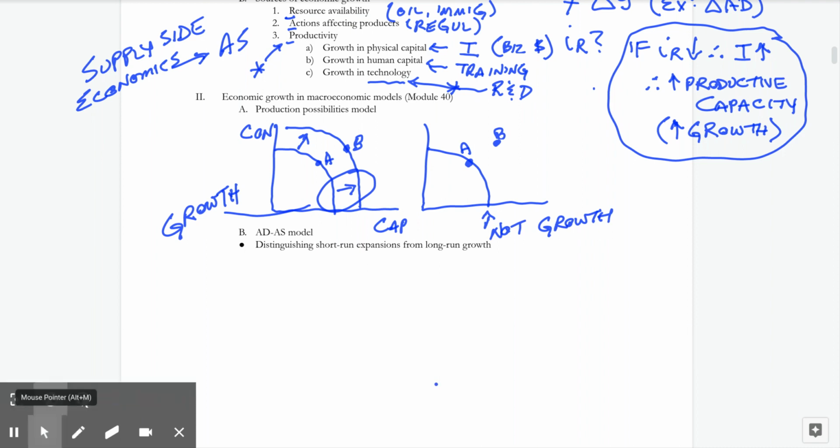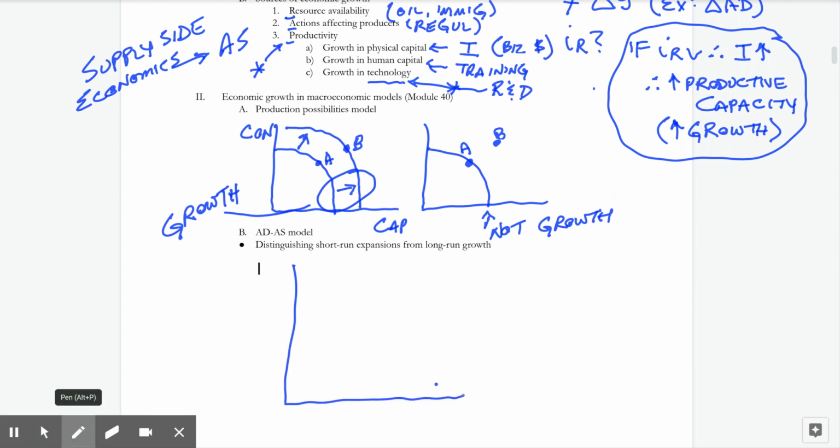Now let's take a look at what growth looks like in the long run a little bit here. And so in the AD-AS model, we'd do a little graph here, and we'd have output and we'd have price levels. And we would say that growth is actually a shifting of the LRAS. So it would shift to the right if there's more full employment level of output possible.